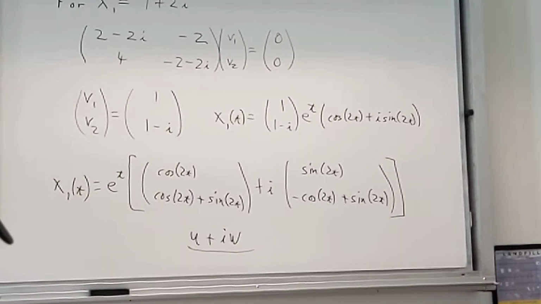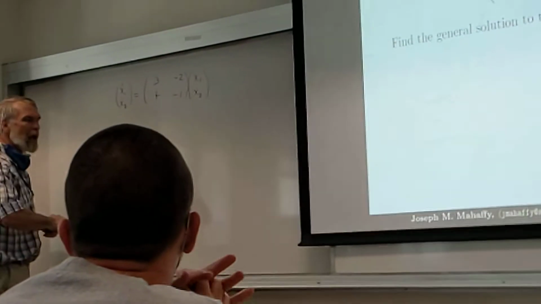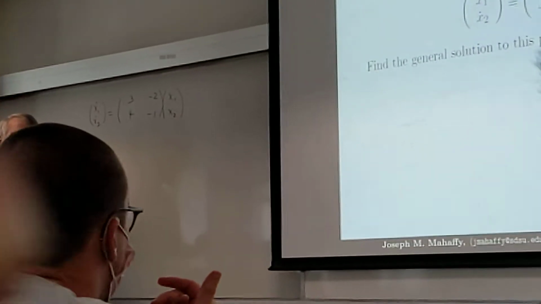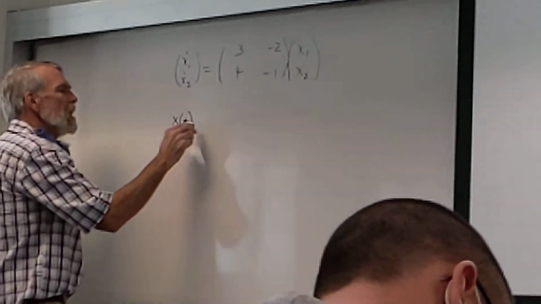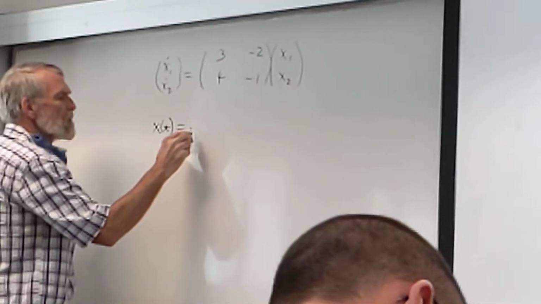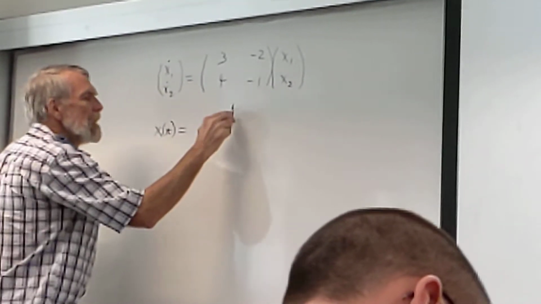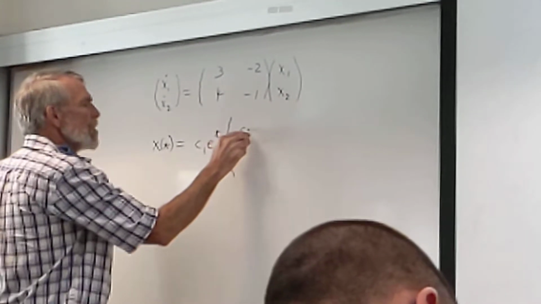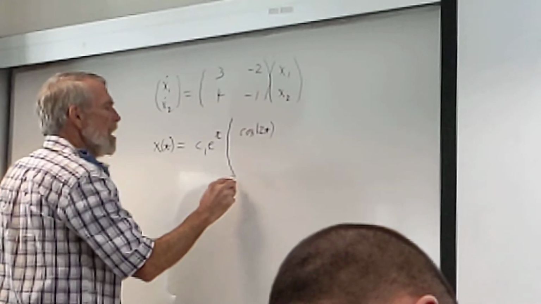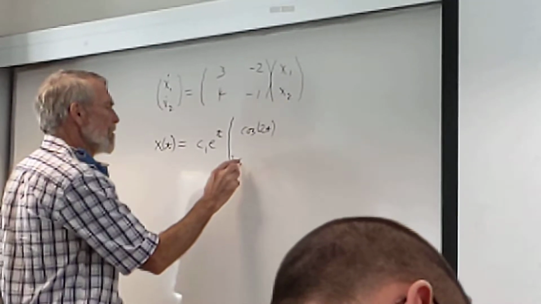So coming back over here, we can then write the real general solution of my problem: x of t is going to be equal to some c1 e to the t times the real vector there, which is cosine 2t plus sine 2t.